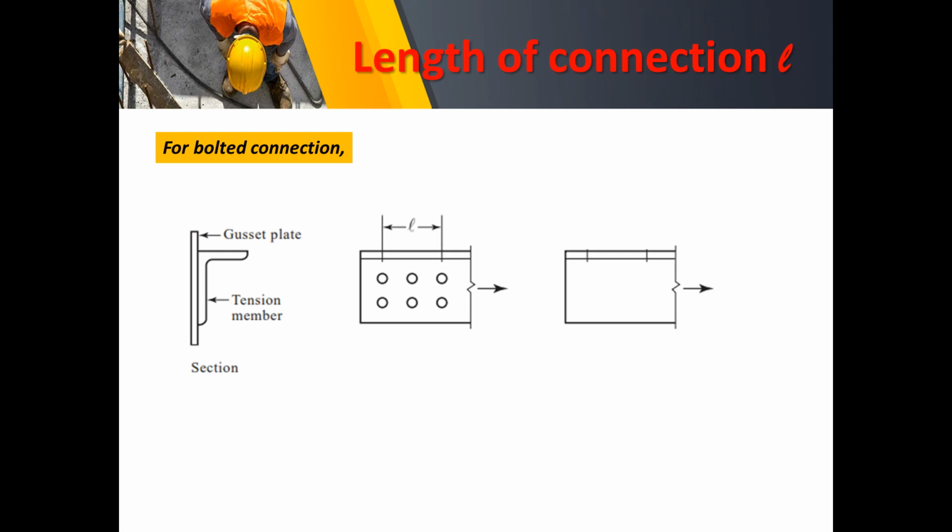Therefore the length of connection is from the center to center of the far ends of the bolts. If we have a staggered spacing of those bolts, of course we still consider the longest far end distance from the center of the bolt.